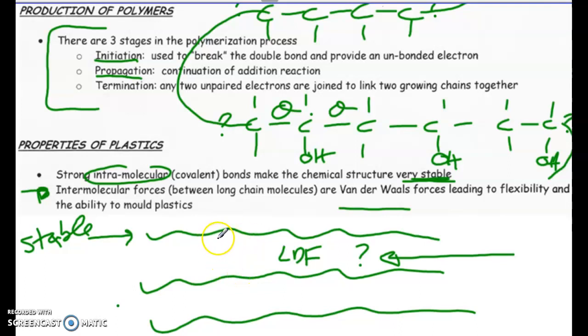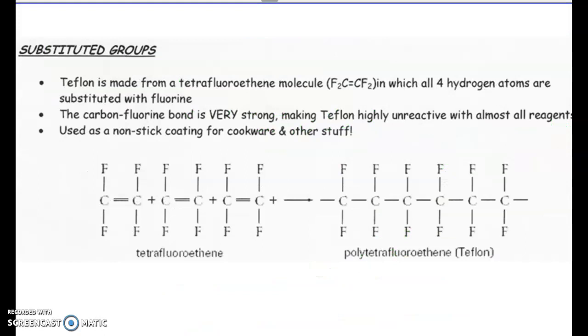However, if you have hydrogen bonding, let's say, it's going to be a much firmer, denser piece of material. So it varies. It's hard to talk about because you have to look at it on a molecule per molecule basis.